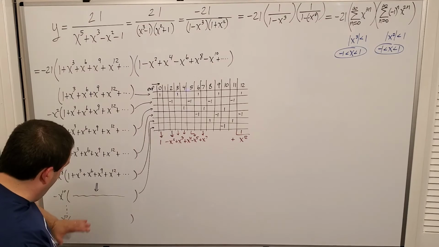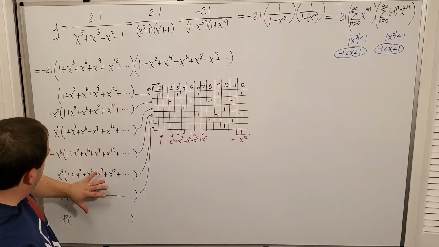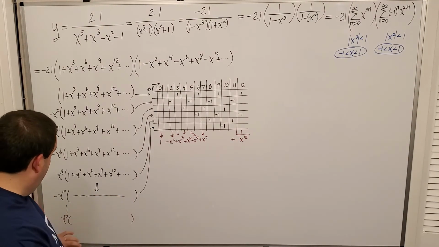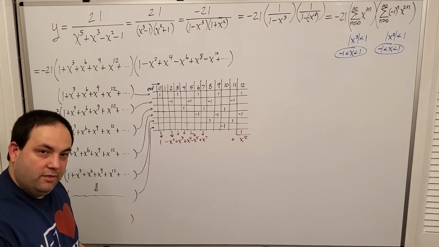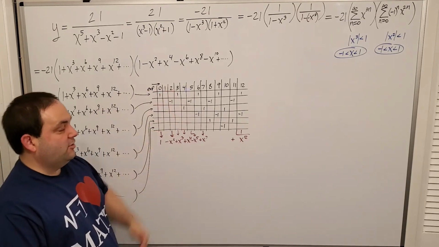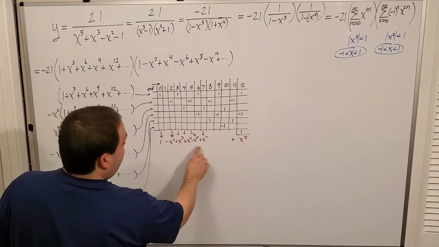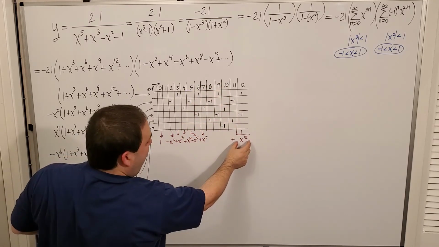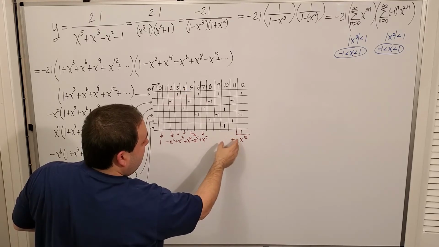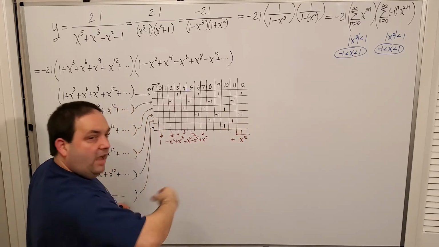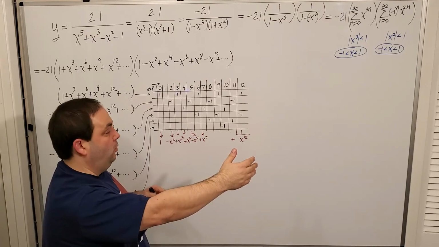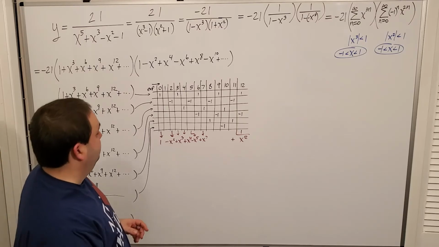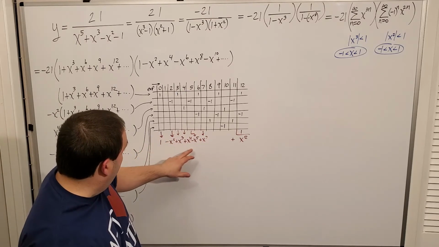Everything after that is going to be like this grouping here, and it'll do this many terms and then wipe out a bunch, and then it'll be x to the 24th. Okay? So that's actually the pattern for this one. You have this starting amount, and then all of the groups add up the way they do. And then you have this big cancellation, and then it starts again after another 12 exponents, right? So it goes in these groups of powers of x to the 12th. Okay, so I have this polynomial right here.